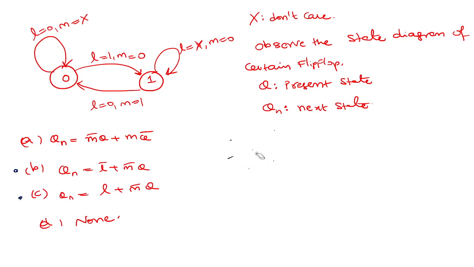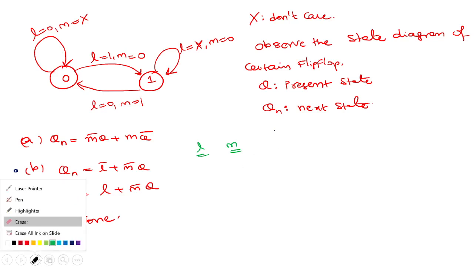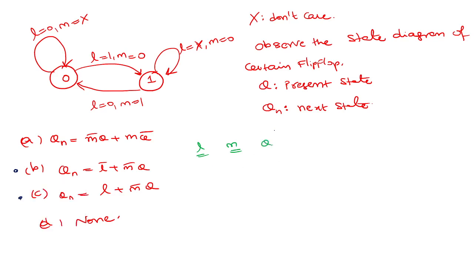So let's go back step by step. You have L, you have M, and you have Q and Qn. This is Q, this is Qn. So first combination is 0 to 0.